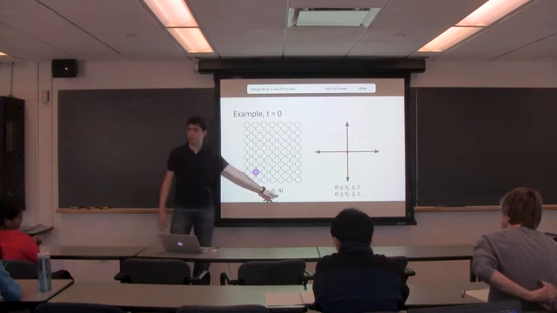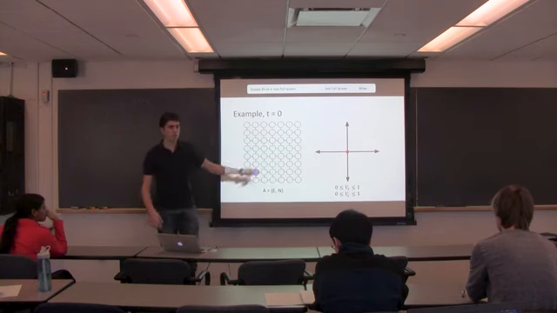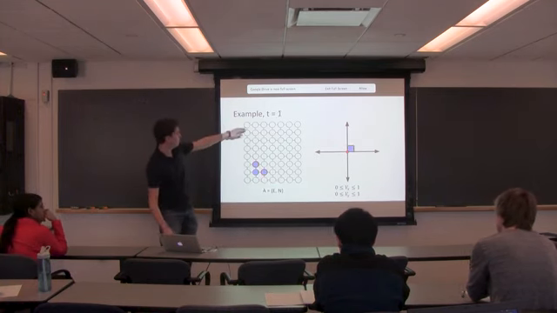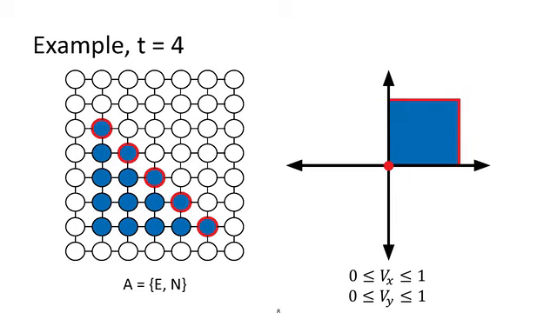We can move east or north here, and we can move east or north with these velocities over there. So after 1 second or one time step, we can be in either of these two states, or we can be anywhere in this area. And after 2 seconds, after 3 seconds, and so on. Okay? So this is what reachability does.